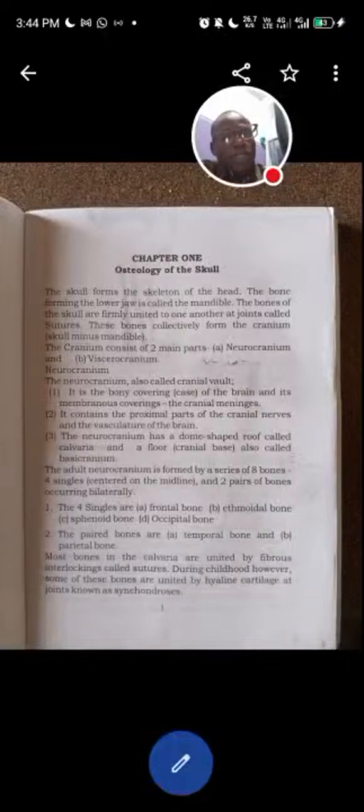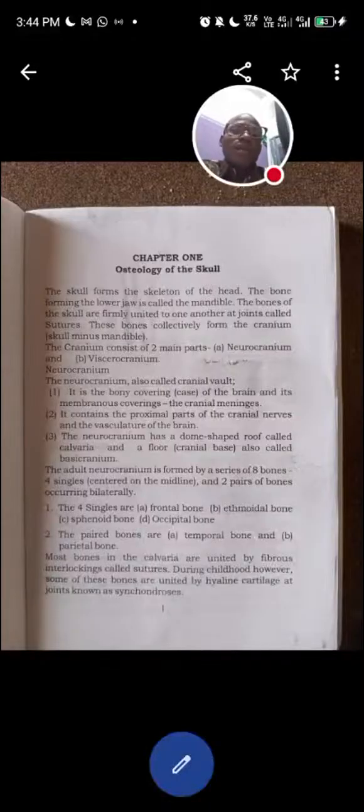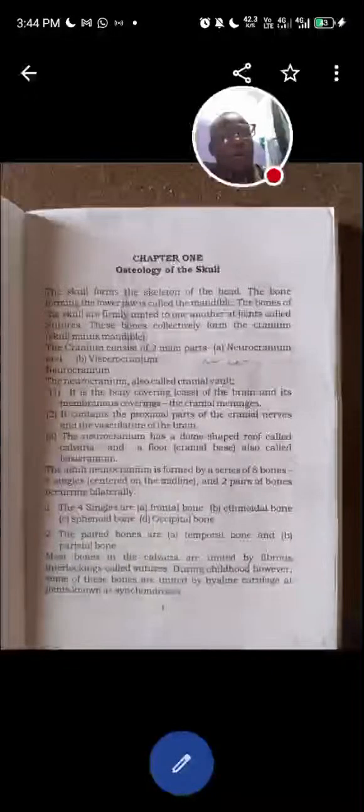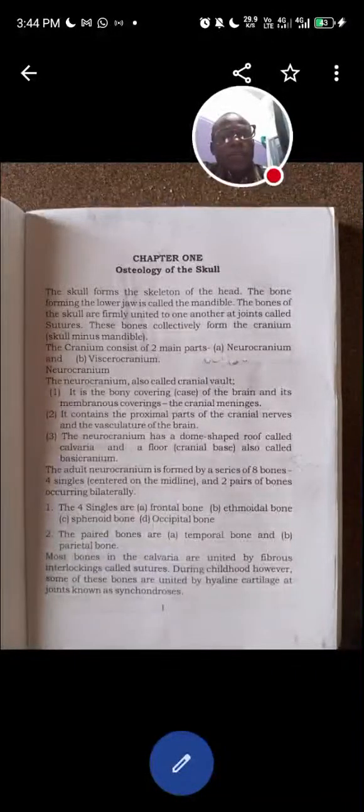The skull is equal to mandible and cranium. Now we said there is a part of the cranium that's divided into two, neurocranium and viscerocranium. Those are the important things we learned the other day.